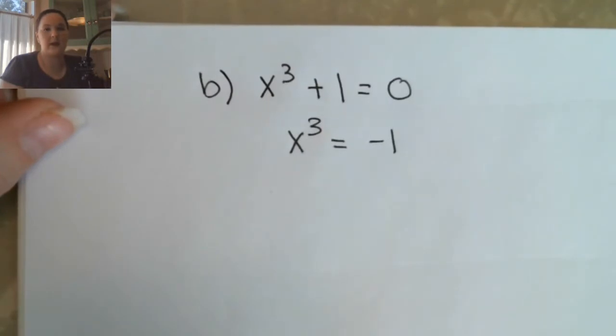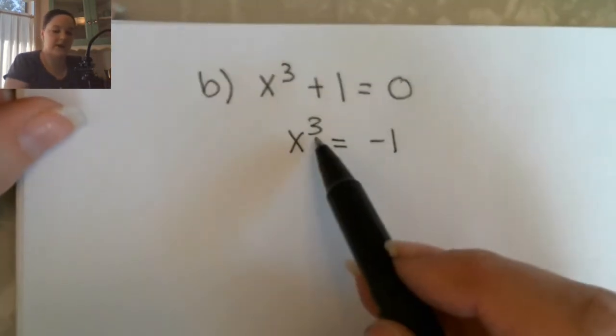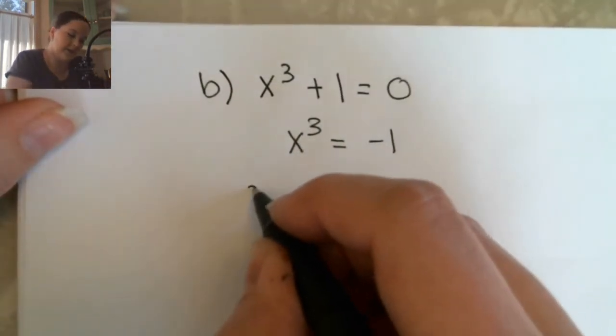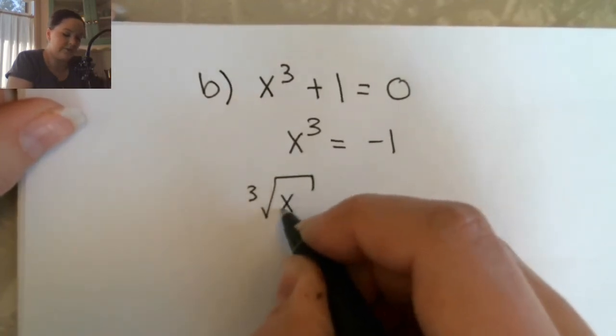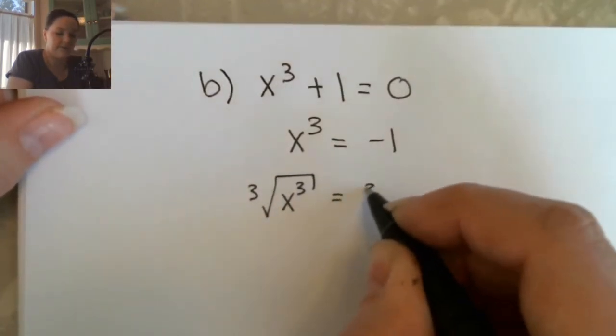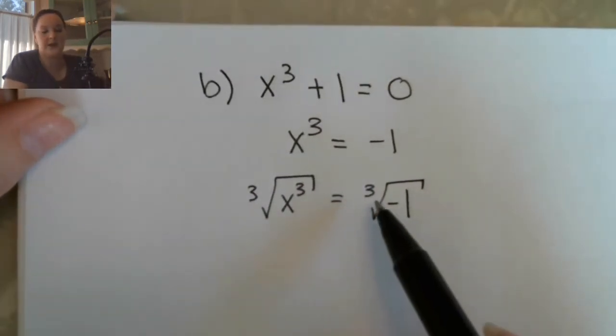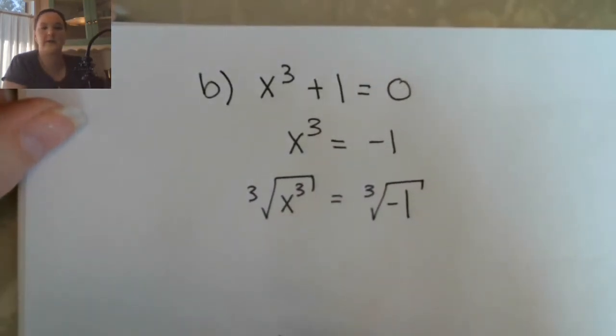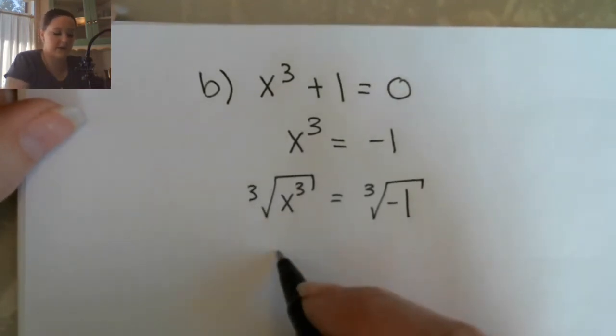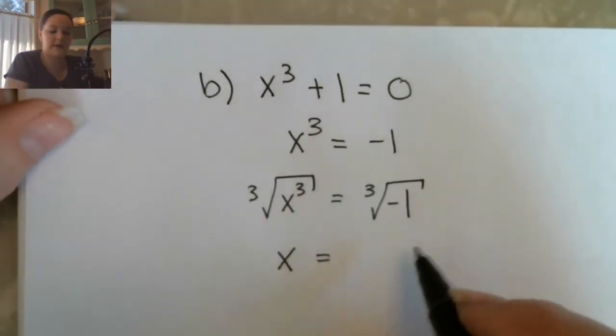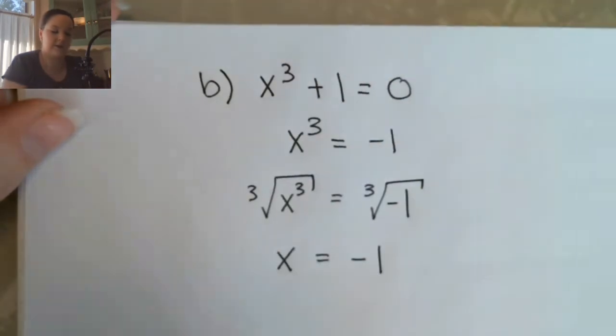Okay, and now we're going to get rid of this exponent by cube rooting both sides. Okay, now because we're using an odd index root, we don't need plus or minus. Okay, now the cube root of x cubed is x. Okay, and the cube root of -1 is -1.